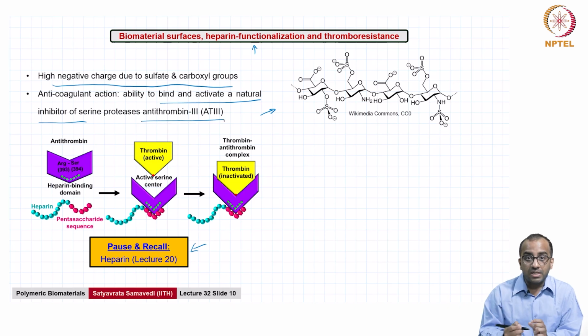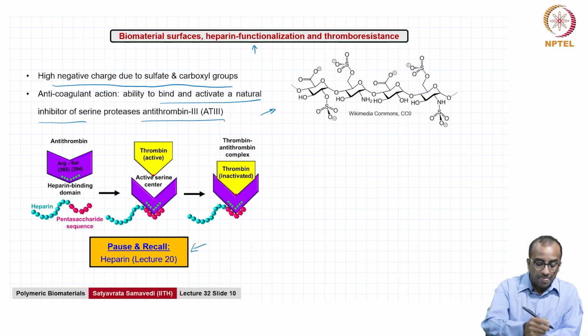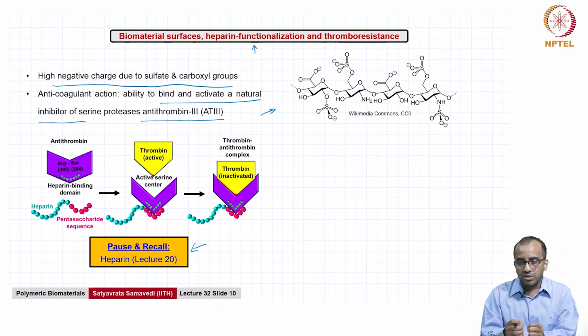The anticoagulant action nevertheless comes from the ability of heparin to bind and activate a natural inhibitor of thrombin called antithrombin 3. Essentially, antithrombin exists in the body naturally, and once antithrombin binds to thrombin, it is going to make thrombin inactive. And remember, thrombin is one of the key factors that has to get activated to cleave the fibrinogen, as we saw on the coagulation cascade, to lead to the fibrin clot. So, if thrombin is inactivated, then the rest of the coagulation cascade is not going to proceed.